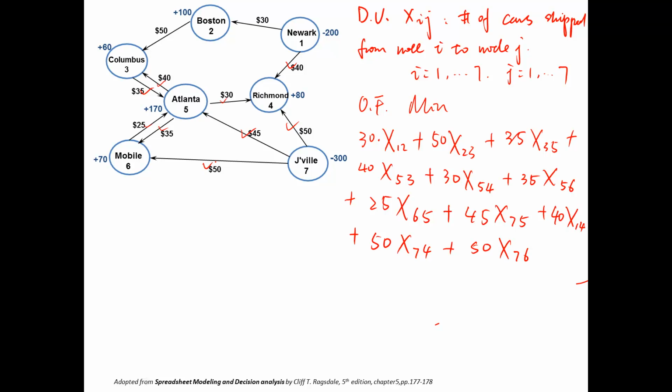Okay, let's count how many arcs there are. 1, 2, 3, 4, 5, 6, 7, 8, 9, 10, 11, 12. Then 1, 2, 3, 4, 5, 6, 7, 8, 9, 10, 11. Did we miss something? Did we miss any?